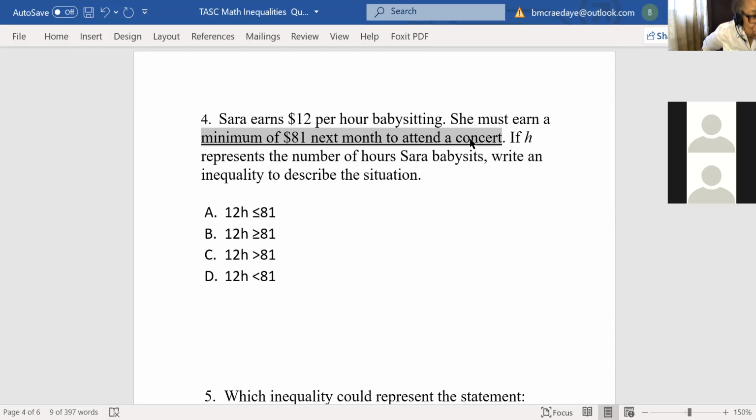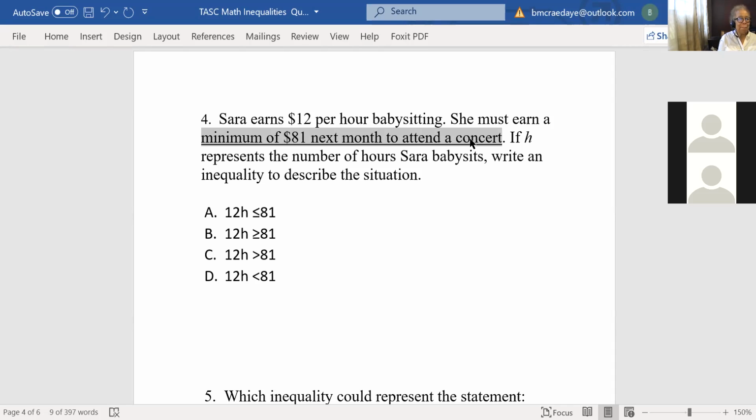So that means what she earned has to be greater than or equal to 81, okay? Because it says minimum. Therefore, A and D are out. Okay, you're right. So you've got between B and C. So which one?